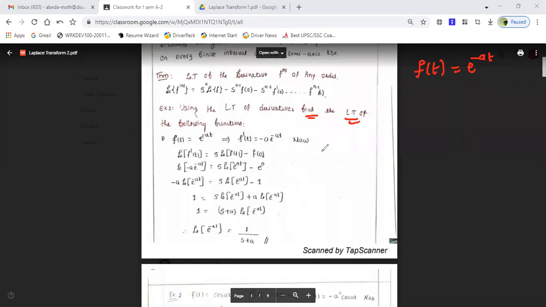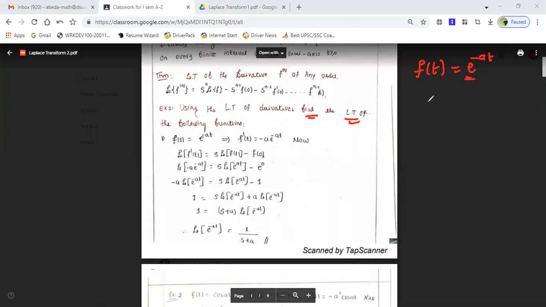Though there are many methods, this Laplace transform of derivative will help us find not only the easy derivatives but also some difficult ones. This value will be used to solve some other difficult problems.